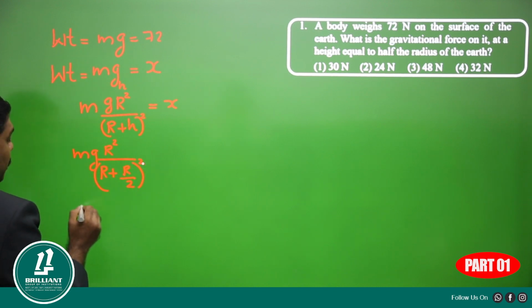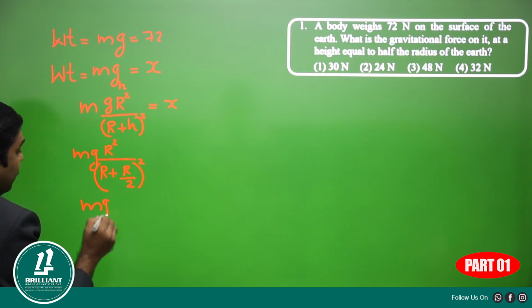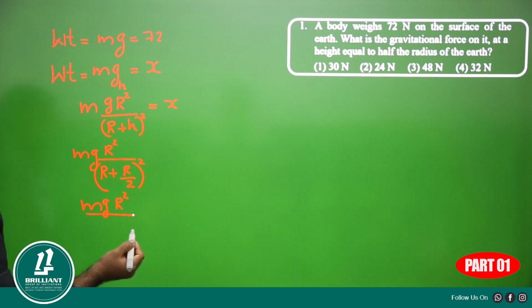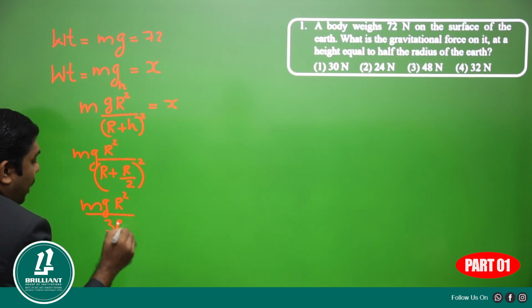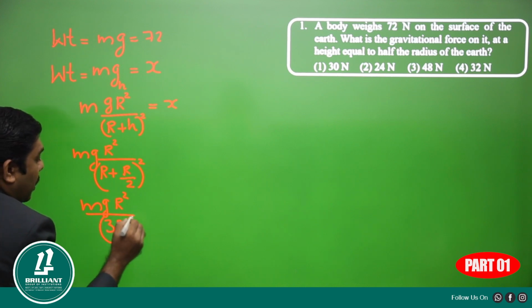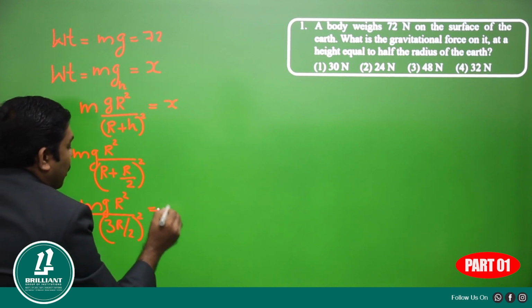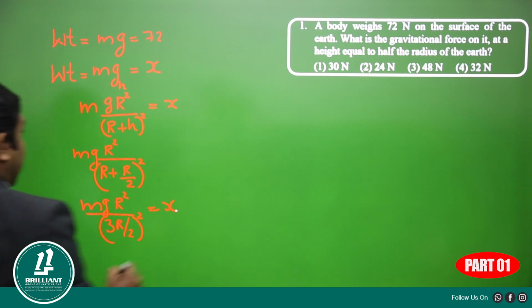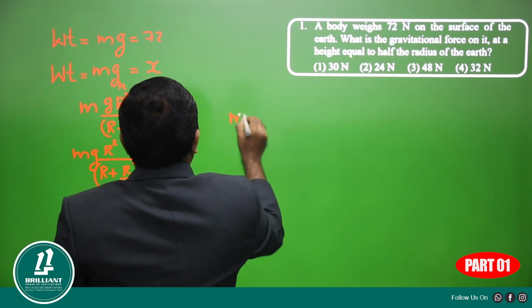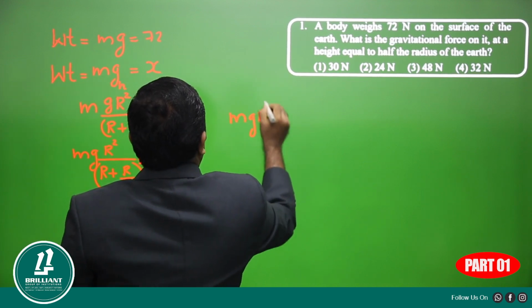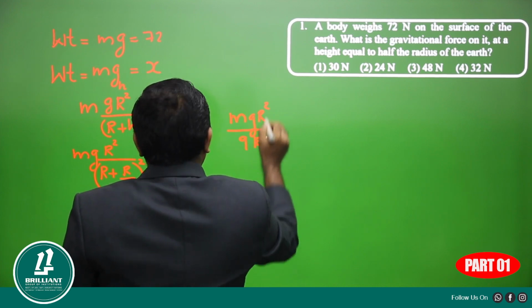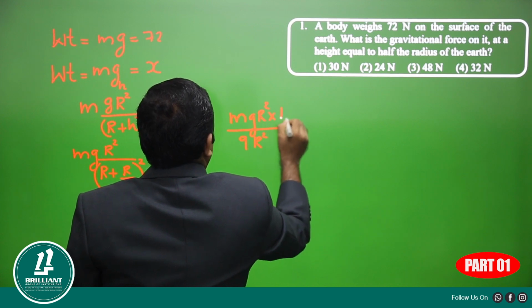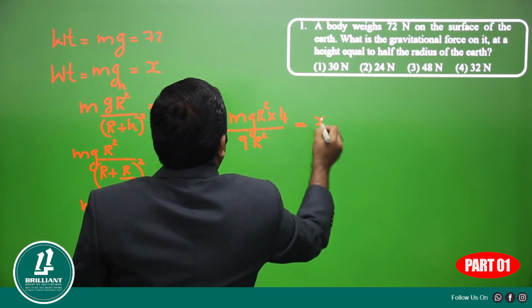That is equal to m g R squared divided by (R plus R by 2), which is 3R by 2, 3R by 2 the whole squared, equal to x. That we can say is m g R squared divided by 9R squared by 4, that is equal to x.